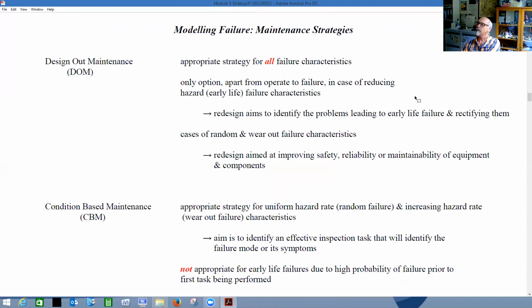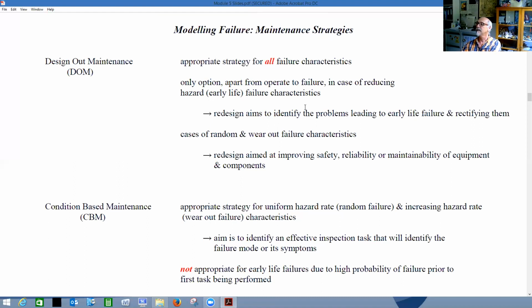So what kind of maintenance strategies? Let's look at them a bit more clearly now. The design out maintenance is an appropriate strategy for all fail characteristics. So it doesn't really matter if it's a random fail or whatever. If you can design it out, then you're not going to have that as a failure problem, nor as a maintenance problem. So the only option apart from operate to fail, in the case of reducing those early life failure characteristics, is to redesign.